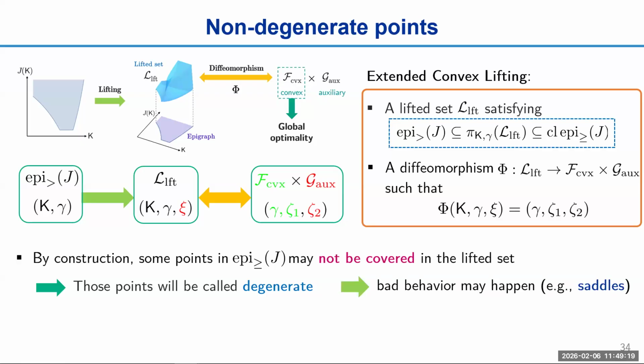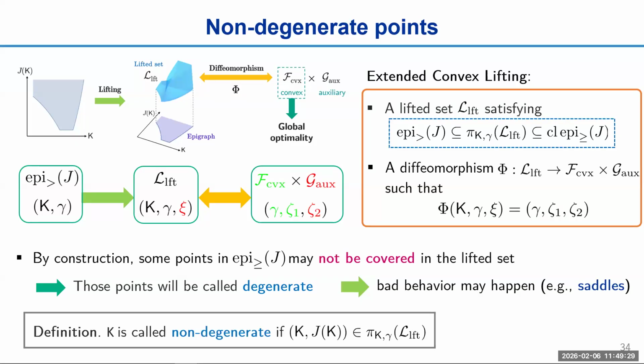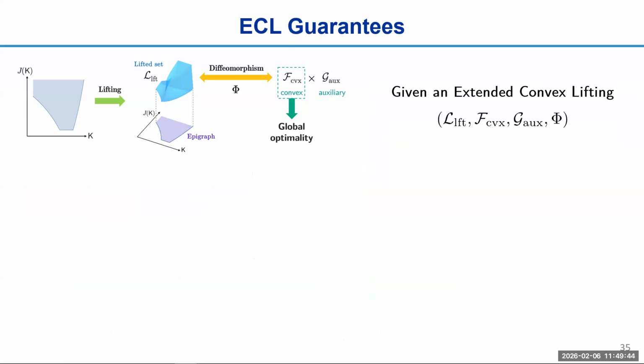And for those kinds of points, you may see suboptimal behavior, for example saddle points. In the LQG, we really see saddle points coming from degenerate points. And we say the variable k is non-degenerate if this pair is covered by your lifted set. Now this will be well behaved, and actually we are going to show that for this kind of point, the stationary point will be a global optimum.